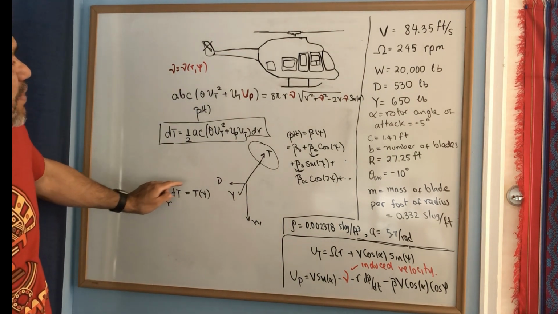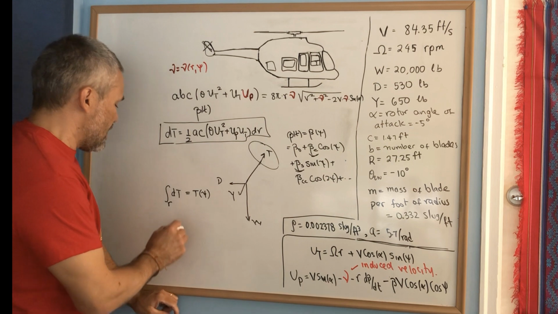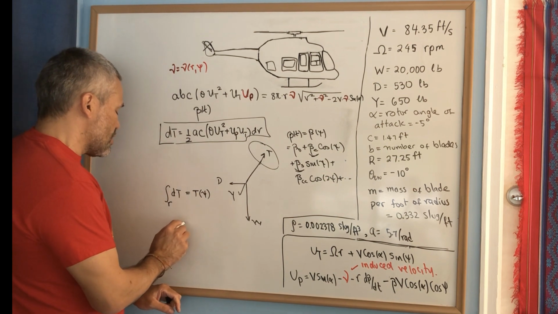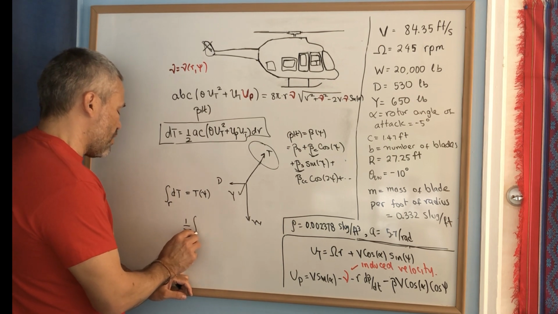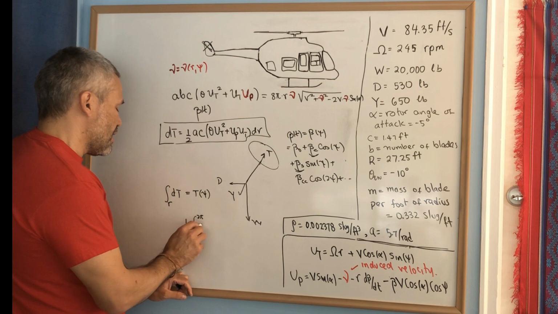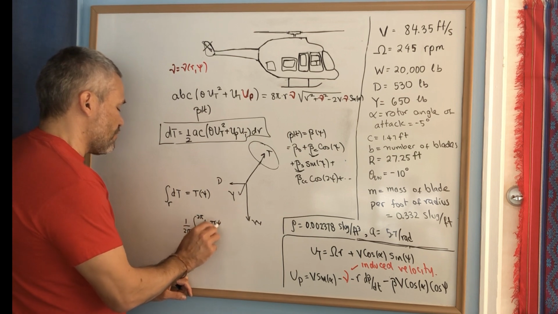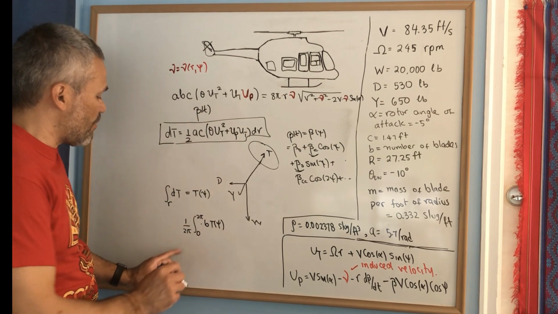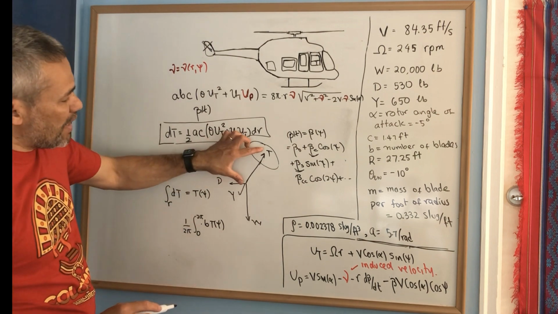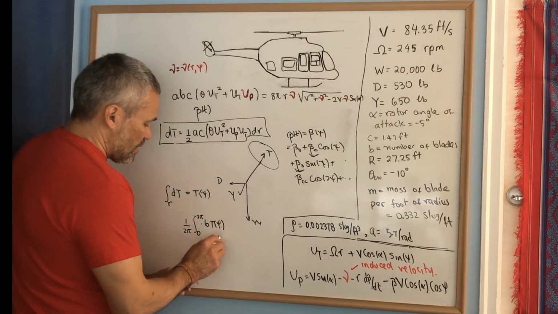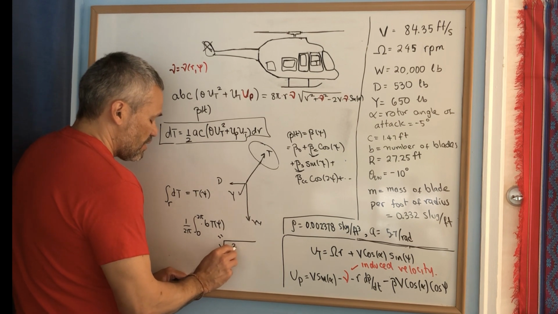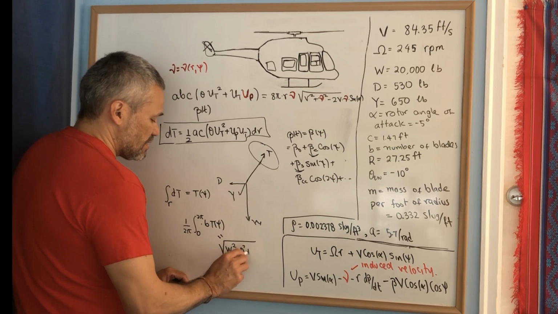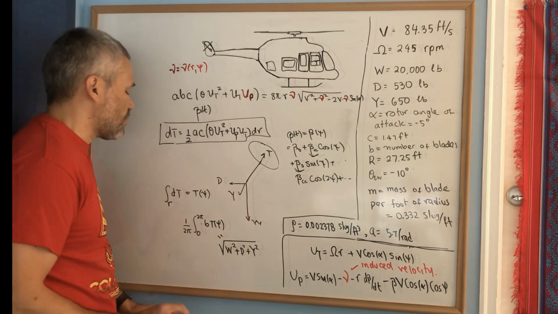But since we are assuming that there are b blades, when we do the average, which is 1/2 pi times the integral from 0 to 2 pi times b times T of psi, we want this average to be equal to the magnitude of the thrust. We want this to be equal to the square root of w squared plus d squared plus y squared.